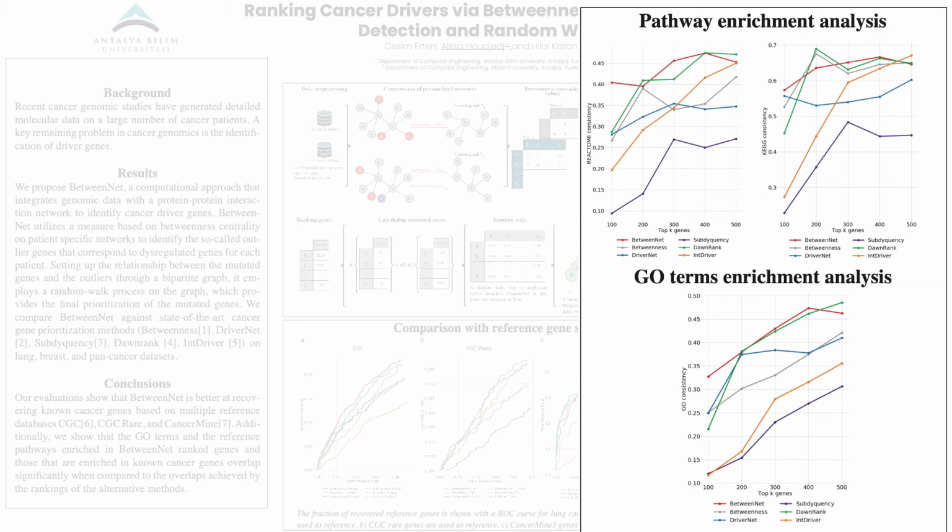Then we calculate a consistency score, which is equal to the size of the intersection of enriched pathways divided by the size of the union of pathways. For KEGG and Reactome, our method is outperforming the other methods with a large margin for total sizes 100 and 300. And for GO terms, we also observe that our method is outperforming the other methods for almost all total size values.